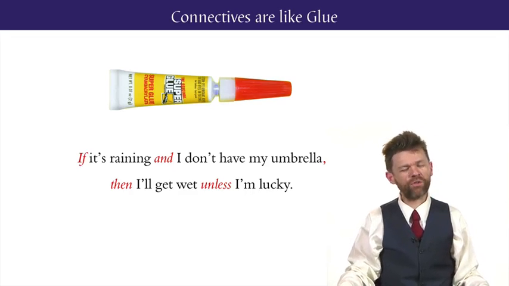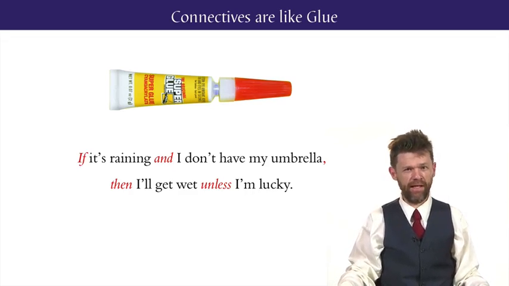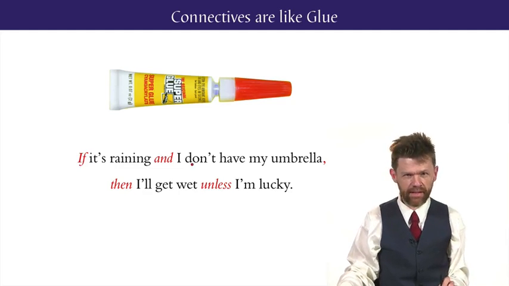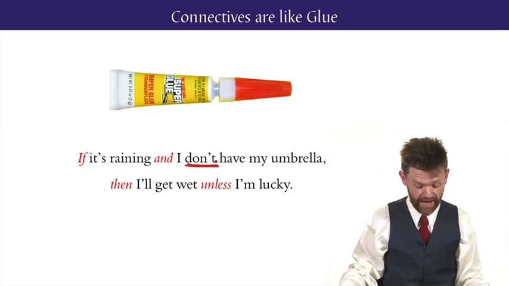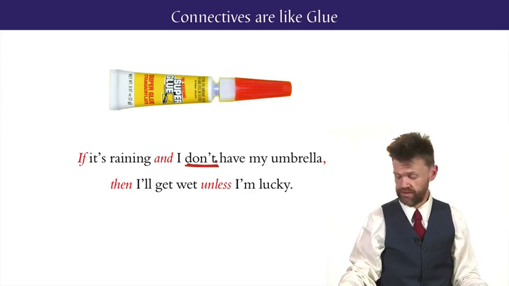This sentence has got 3 logical connectives in it: the and, the unless, and the if-then. And actually, if you look closely inside here, you'll see another logical notion, the N'T, in the don't. That's short for do not.